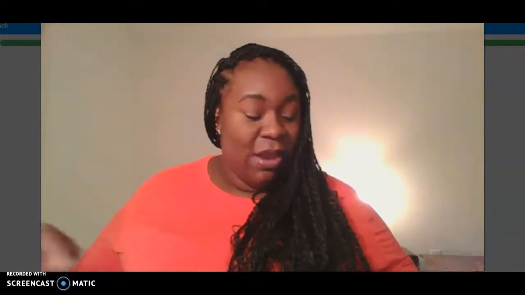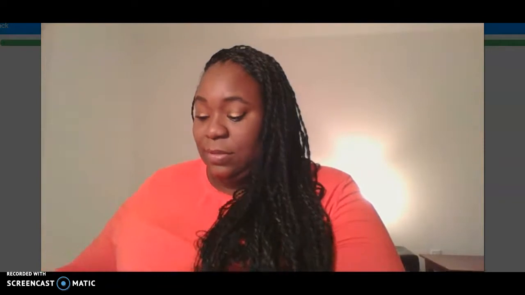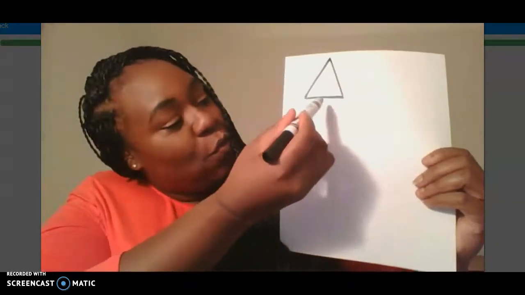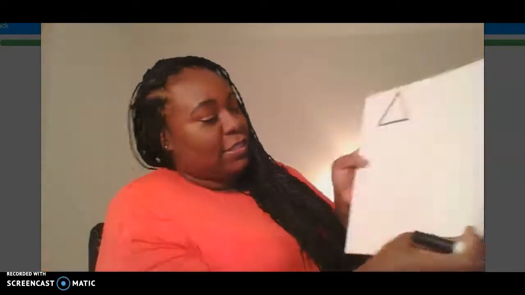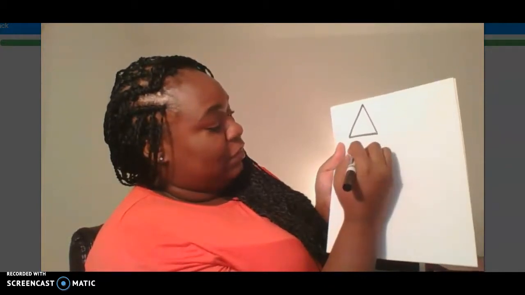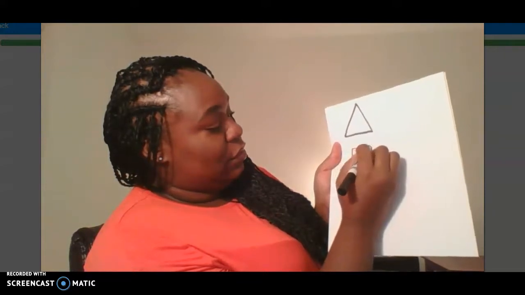So I'm going to draw the shapes and you tell me what they are, okay? Which one is that? A triangle has one, two, three sides. Now, what is this? Two long sides, two short sides.